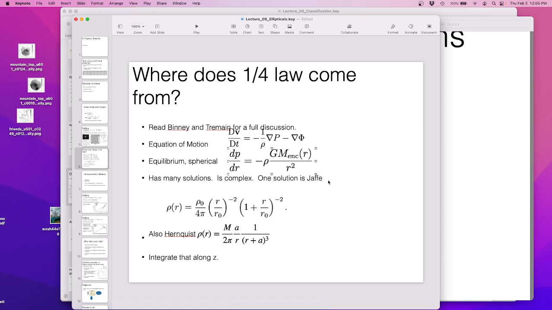And what that says is that the pressure is supporting the thing from collapsing. Now remember that we don't have actual gas, so this pressure is the energy per unit volume in the stars. That's okay. So there are a bunch of solutions to this. One of the solutions to this is rho of r equals some number including pi's that I don't care about over r squared.